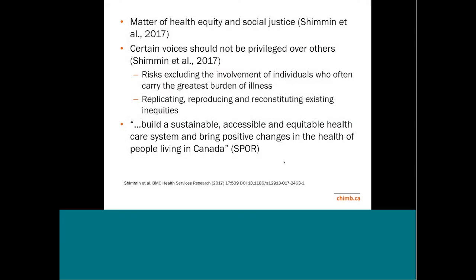This has been phrased as a matter of health equity and social justice, which argues that certain voices, including those of researchers who often inhabit spacious social locations of privilege, should not be privileged over others, and doing so risks excluding the involvement of individuals who often carry the greatest burden of illness, as well as replicating, reproducing, and reconstituting existing inequities. And according to SPOR, this is about building a sustainable, accessible, and equitable healthcare system and bringing about positive changes in the health of people.